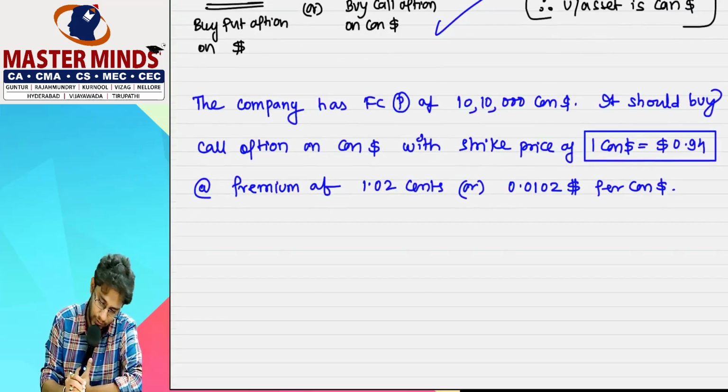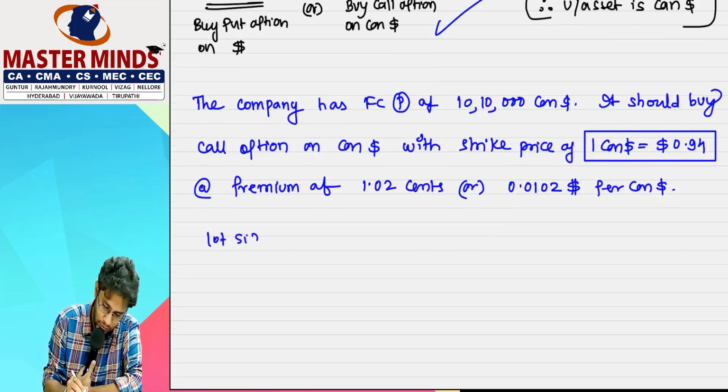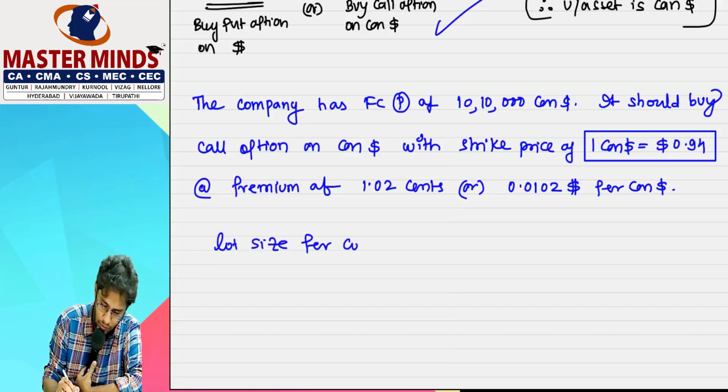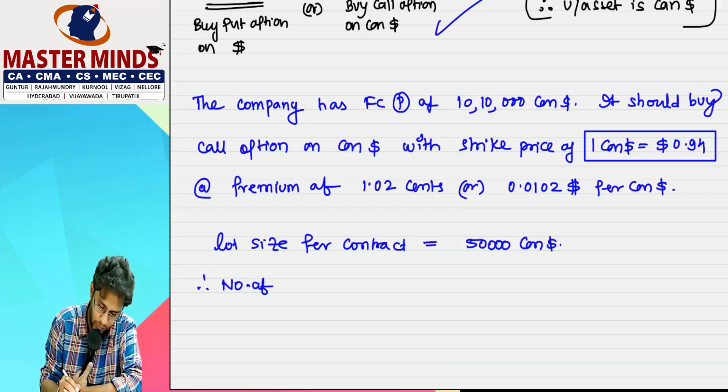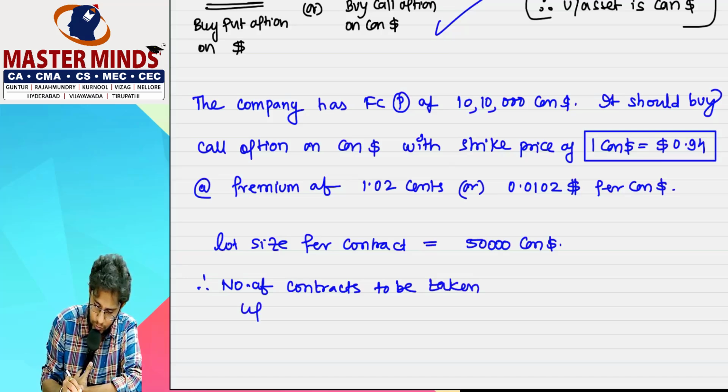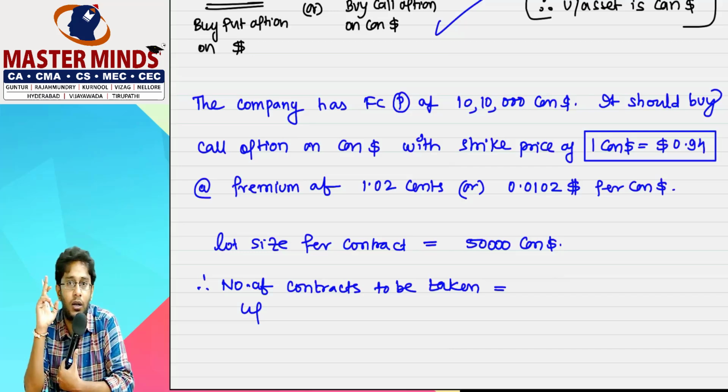So right, sir. Lot size per contract is 50,000 CAN dollars. Therefore, the number of contracts to be taken up is equal to, sir, if I take one contract, I'll be hedging 50,000 CAN dollars.